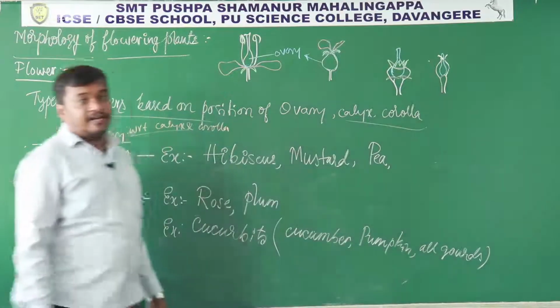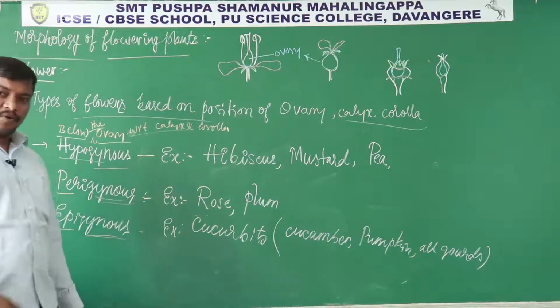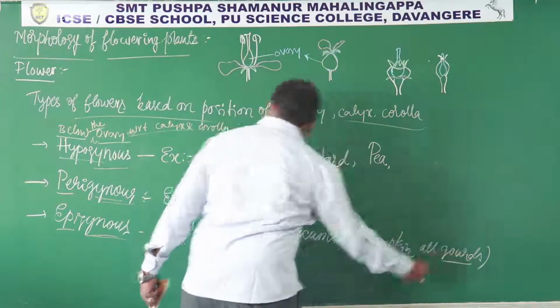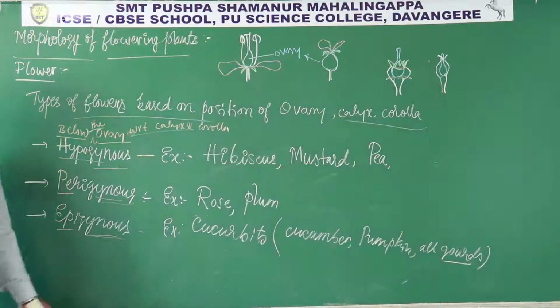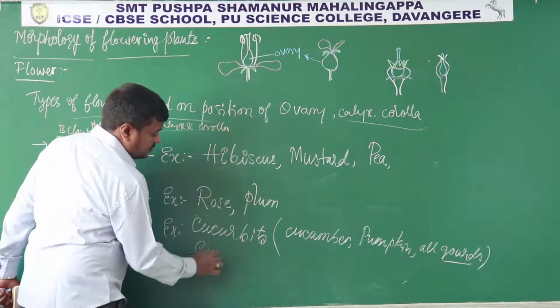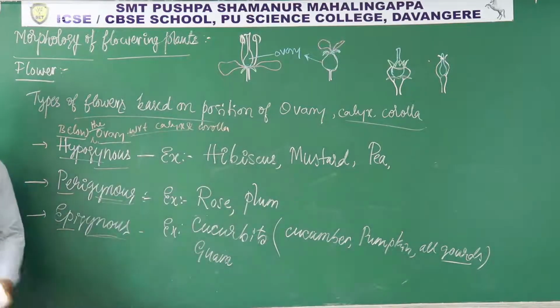Bitter gourd, ridge gourd, snake gourd, bottle gourd, sponge gourd, every gourd belongs to this epigynous. And even the guava also belongs to this epigynous.